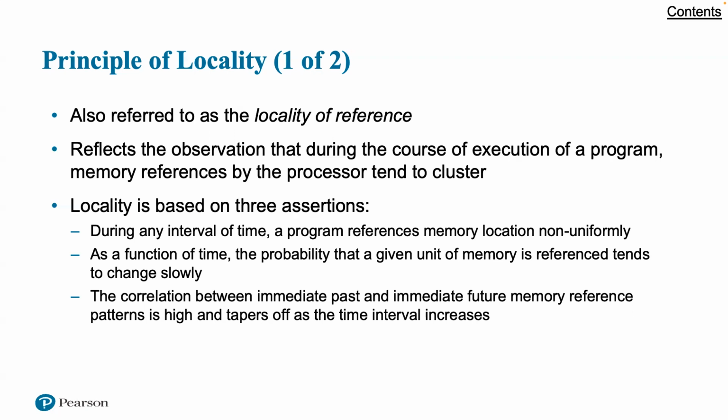Put another way, the probability distribution of memory references across the entire memory space tends to change slowly over time. And third, the correlation between immediate past and immediate future memory reference patterns is high and tapers off as the time interval increases. Intuitively, the principle of locality makes sense.